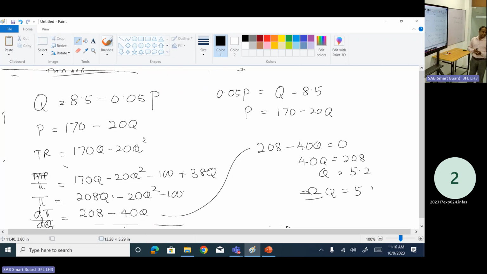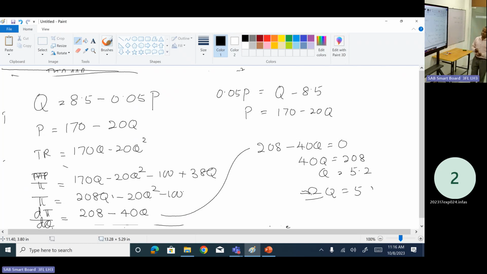So the maximum profit, how do you find it? You can substitute 5 into the profit function. Substitute the profit maximizing output level into the profit function. Our profit function is 208Q minus 20Q square minus 100. You can find the maximum profit from there.